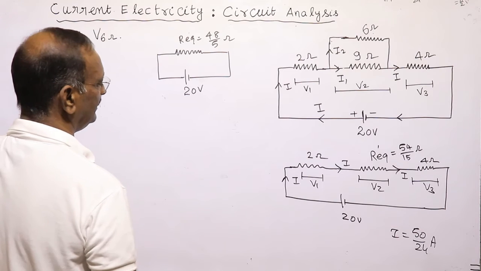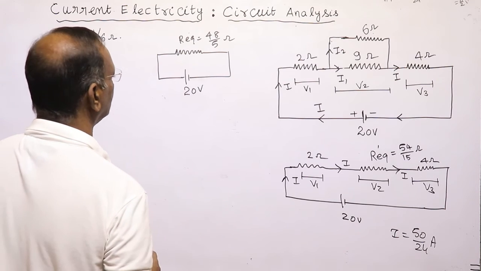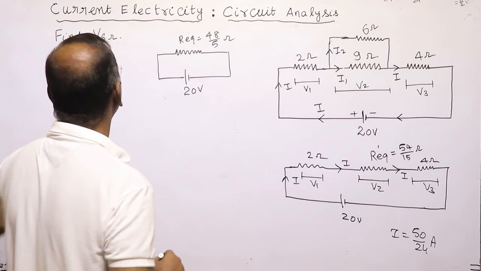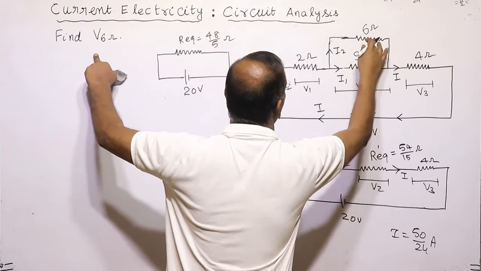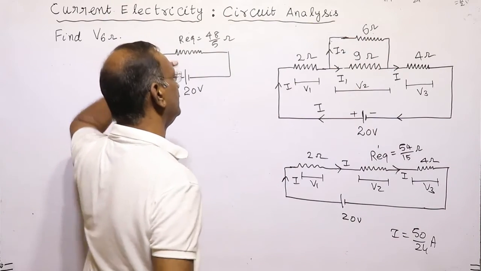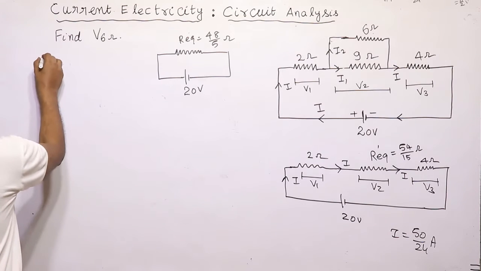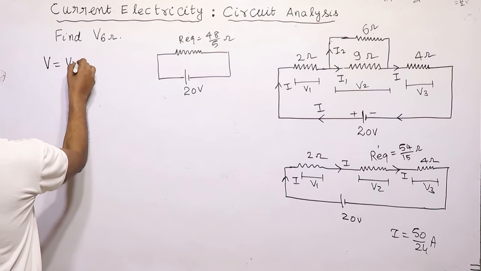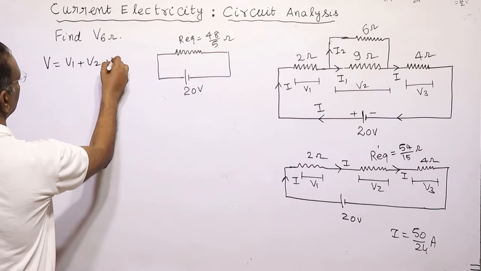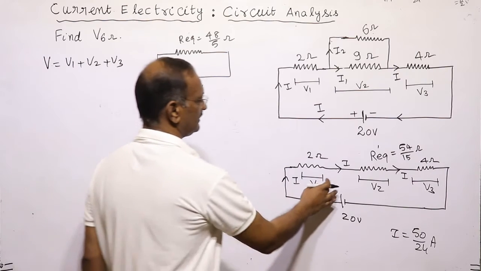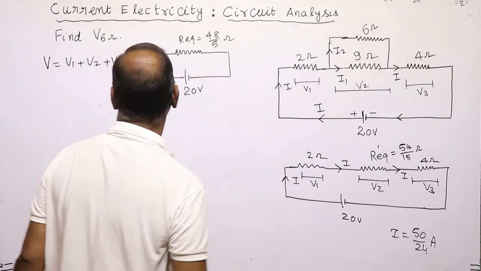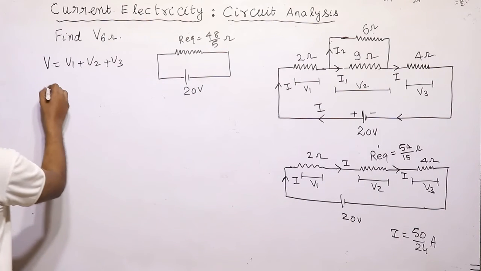So we know I also. Now we have to find out the voltage across the 6 ohm resistor. It means we should find V2. To find V2, see, applied voltage is equal to V1 plus V2 plus V3, because all are in series. We want to find out V2.